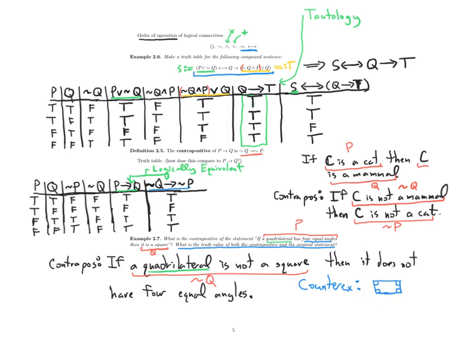So we're in this situation where not Q is true, but not P is false. And again, that is the same thing. So these are logically equivalent. And this particular if-then statement has a counterexample. Again, we're going to explore counterexamples quite a bit more in the future.